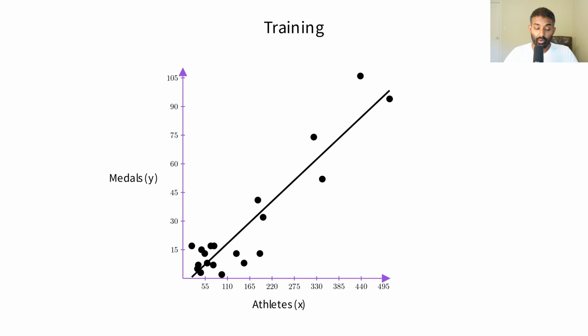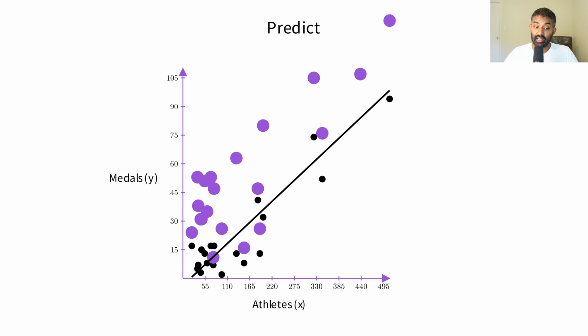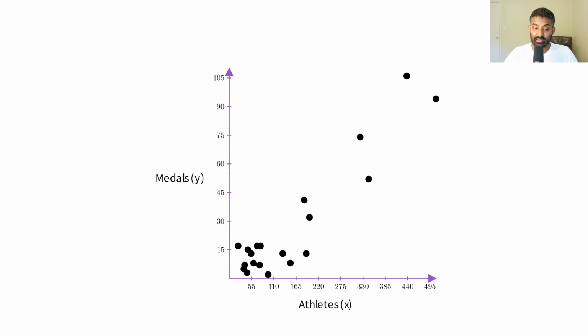But then when you go to make predictions on future data, you'll find that your future data points don't quite fit the line. This happens because your algorithm is basically fitting to small quirks of your training data set and not learning the underlying system that governs how athletes are related to medals. So your model will look great in training and not so great when you go to predict things in the future.